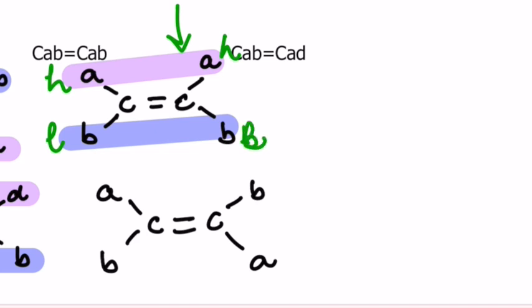So this isomer is Z, where the two high priority groups are on the same side, whereas on this side, A is the high priority, low priority, low priority. So this would become an E isomer, and the one on the top was a Z isomer.